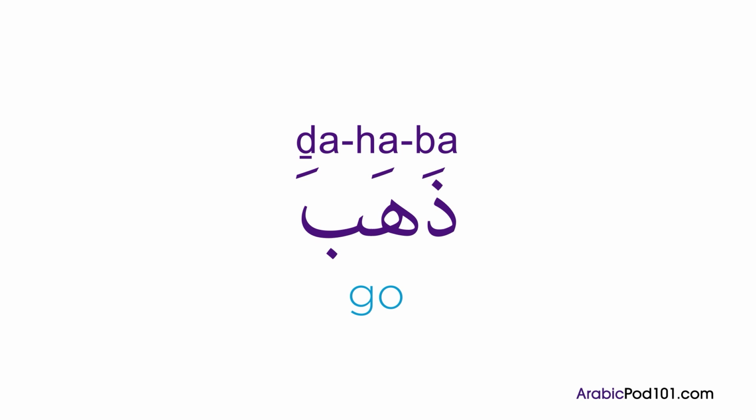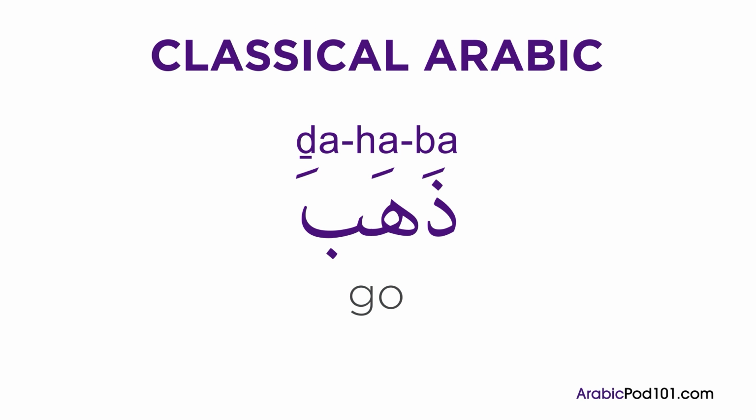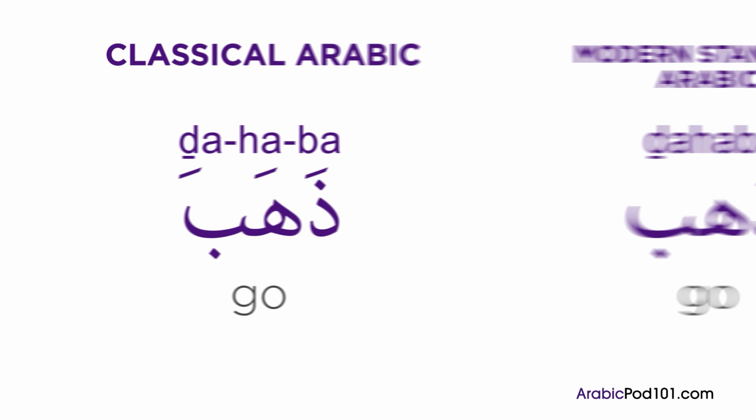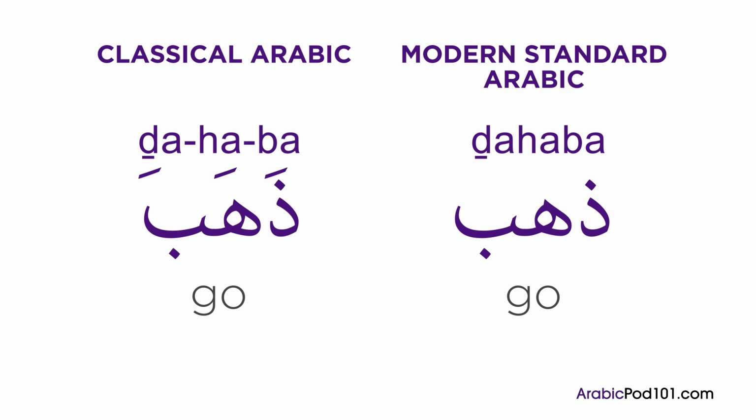Take the verb for go in Arabic. Classical Arabic will be written like this. In pronounced, ذهب. Modern Standard Arabic, however, would remove the vowels, so it would appear like this, and be pronounced ذهب. Vowel text appear in the Quran.